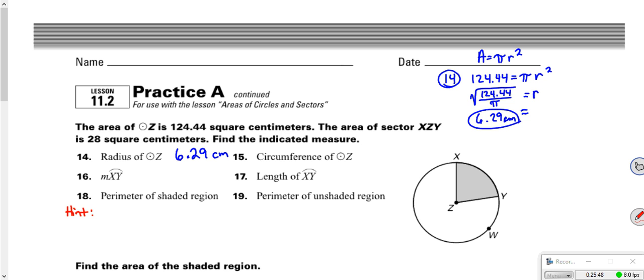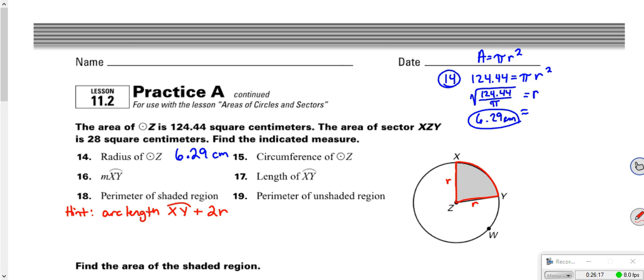The perimeter of the shaded region is this, this, and this. So it is the arc length xy plus 2 times the radius. Remember, this would be a radius and this would be a radius.